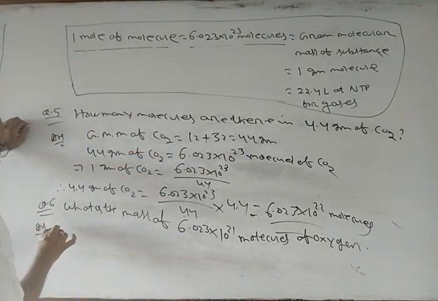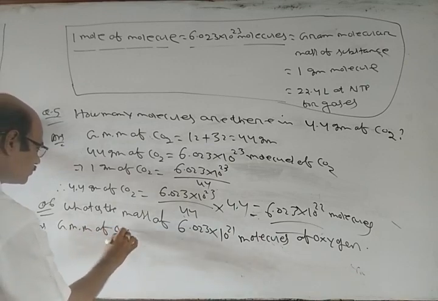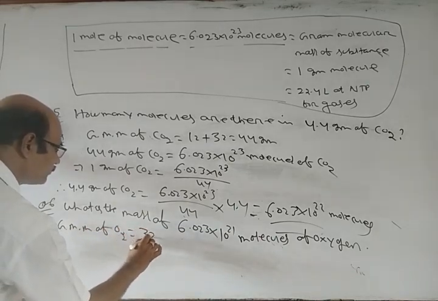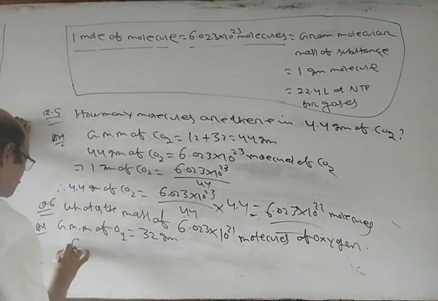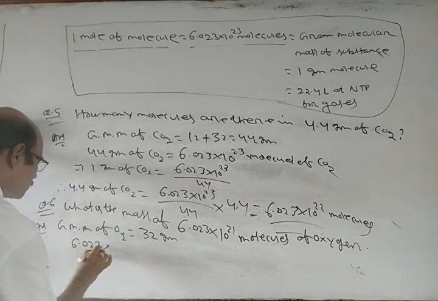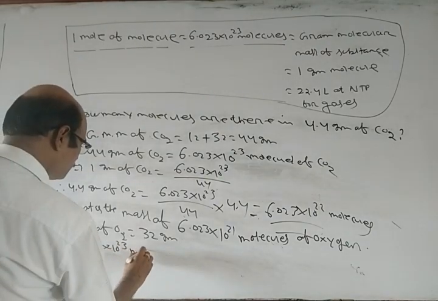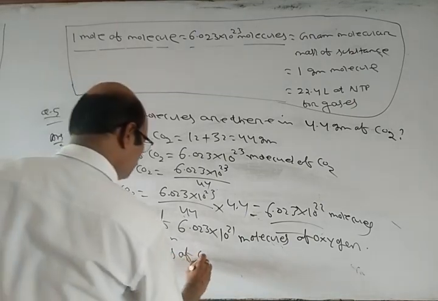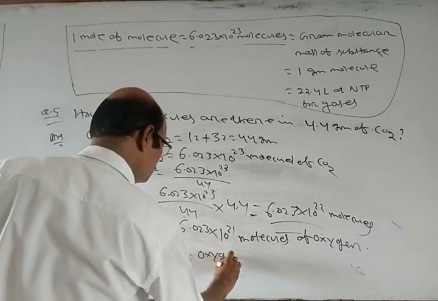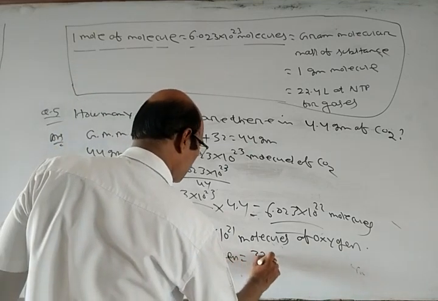Answer: gram molecular mass of oxygen equals 32. So 6.023 into 10 power 23 molecules of oxygen equal 32 gram.